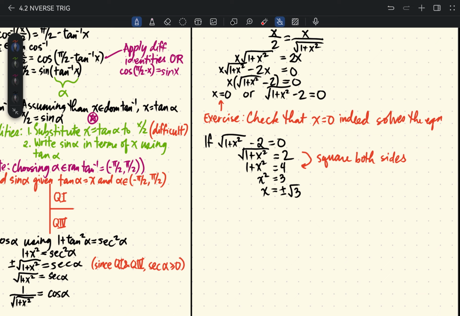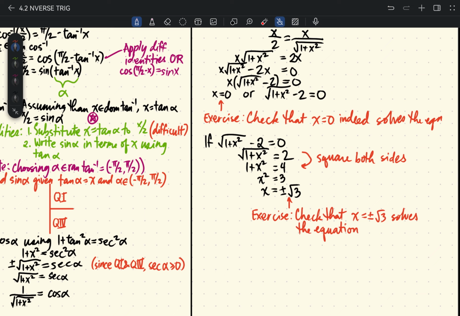And I leave again as an exercise. Check that x equals plus minus square root of 3 solves the equation. Okay?